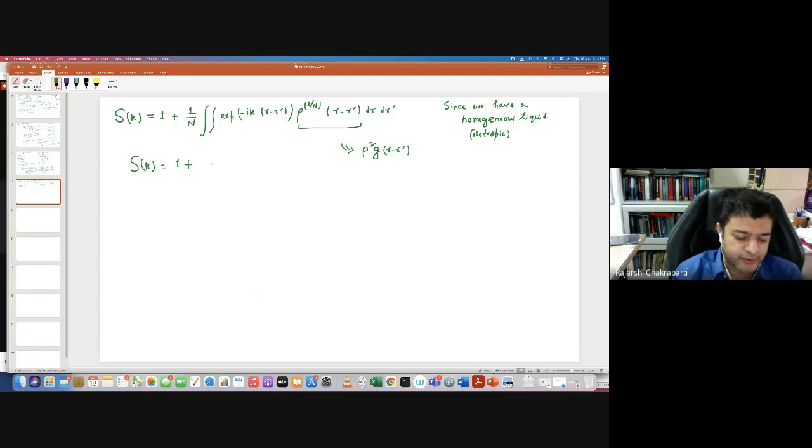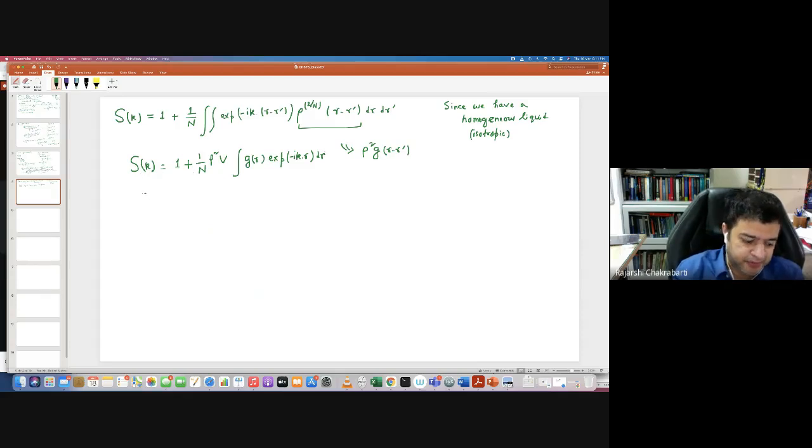So when you take it outside, I get 1 over n rho square, and then a volume from one integral, and I'll have one integral less, which is g of r.